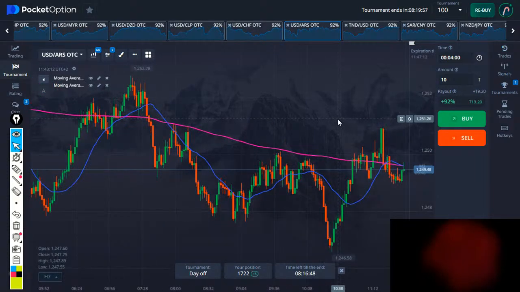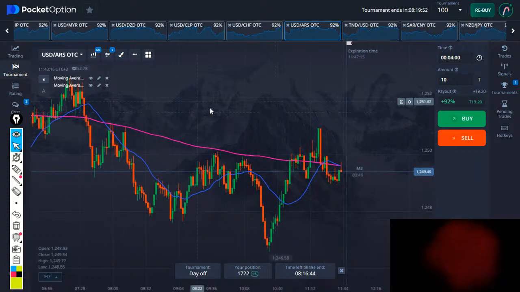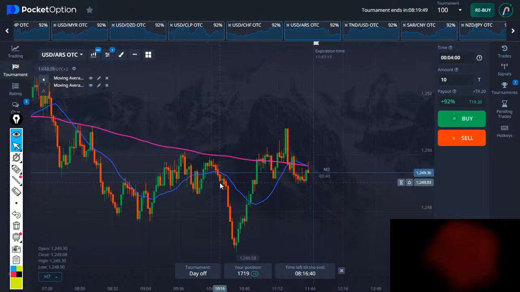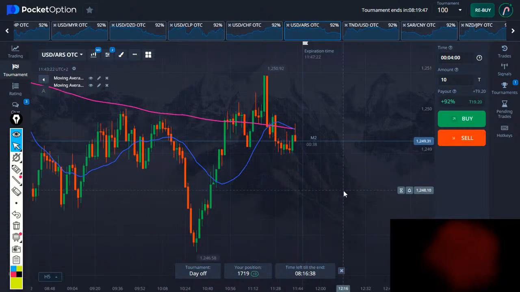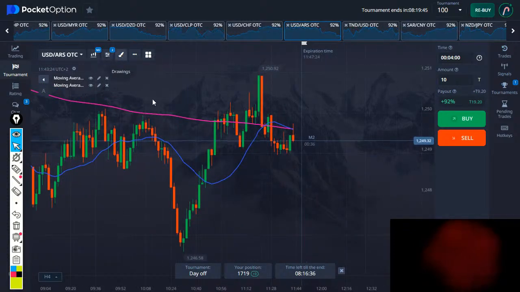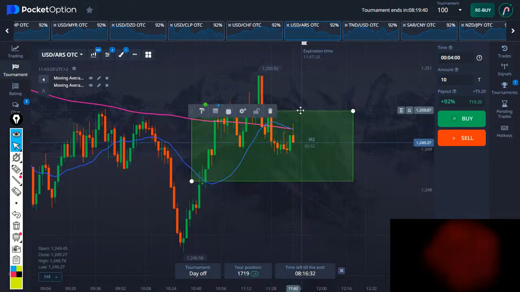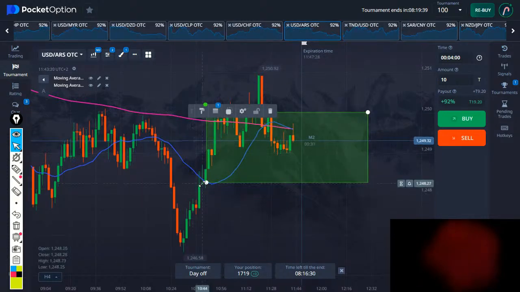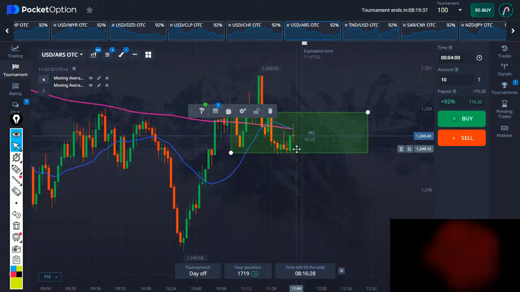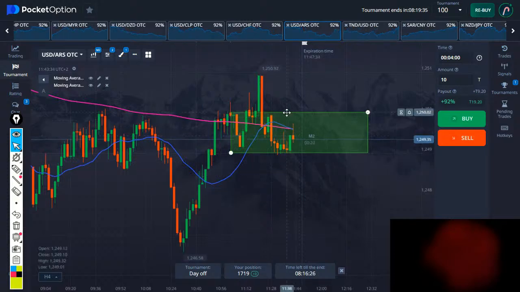I took one in my life. I sent a USD Argentinian thing signal. We lost it. However, I'll take this one. I'll put this one also. I'll take it to the downside.